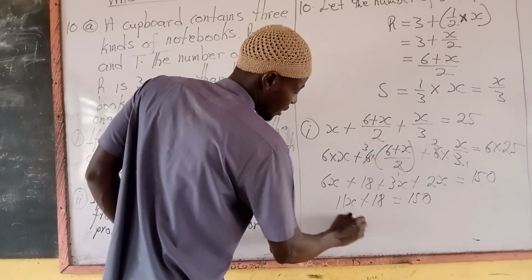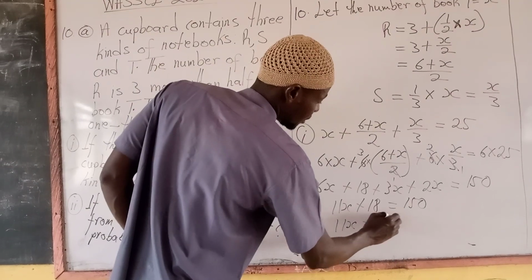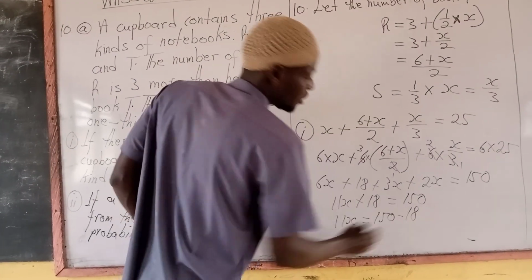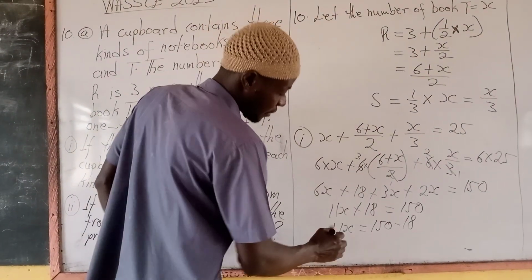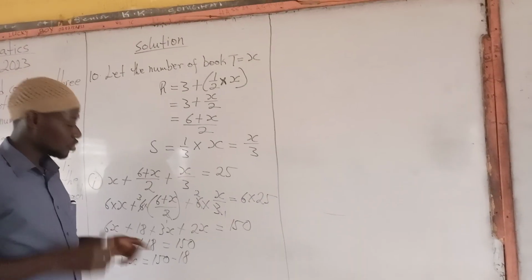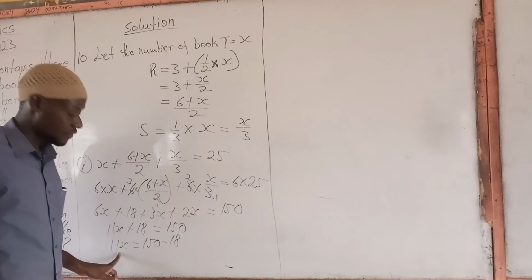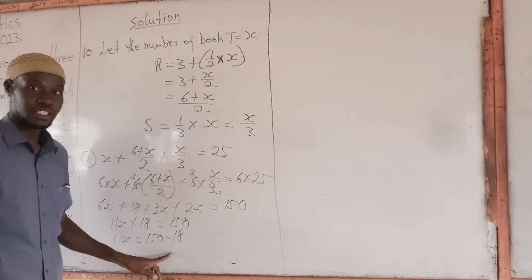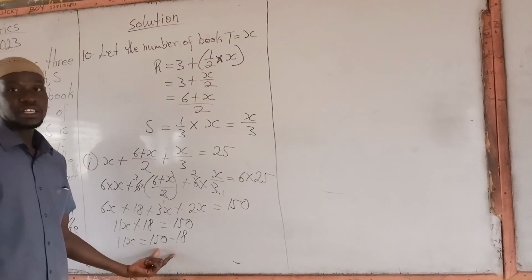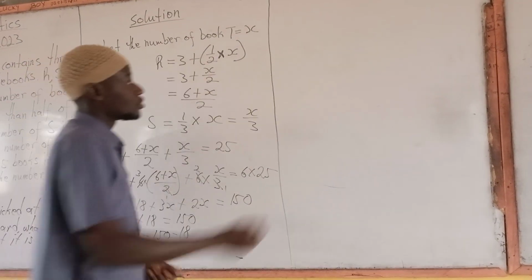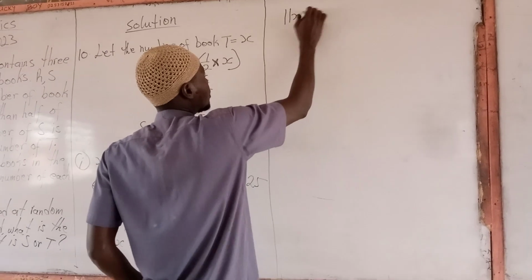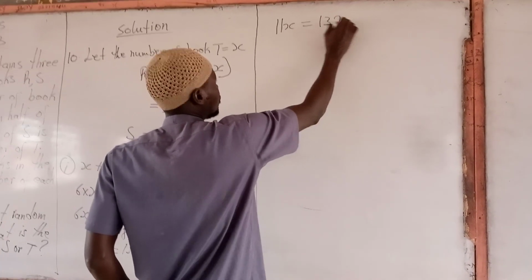Here we group our like terms. We have 11x is equal to 150 minus 18. 150 minus 18 will give you 132. So this will be 11x is equal to 132.